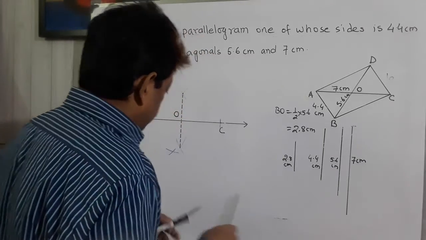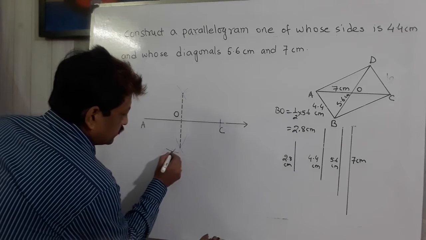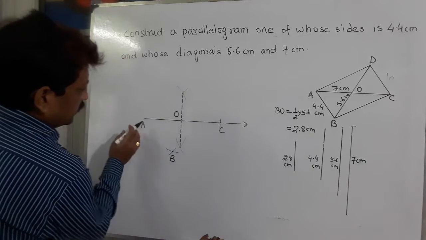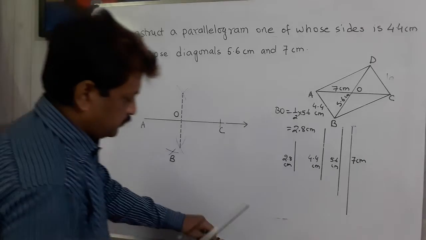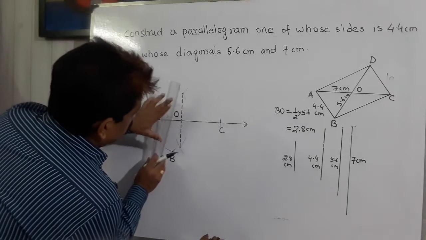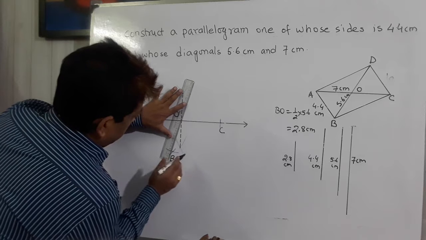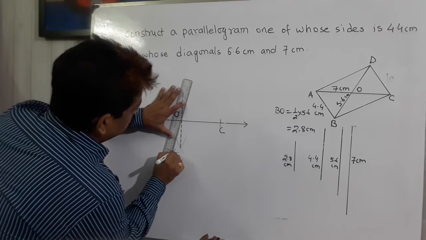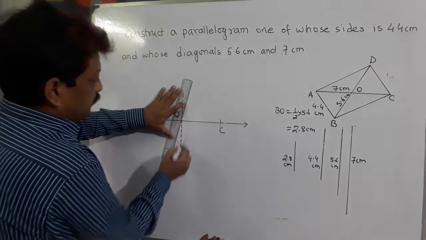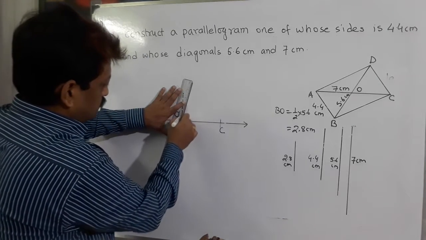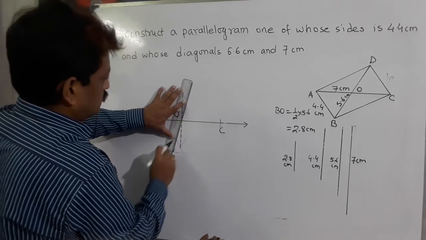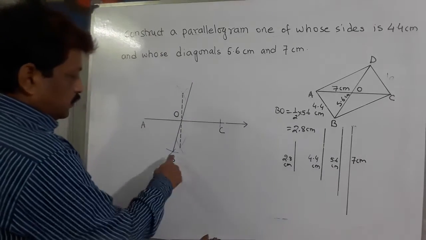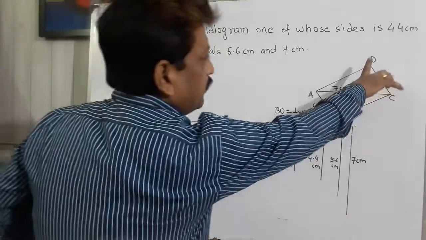So I have to join this. Actually, this point of intersection is B. OB is 2.8 and AB is 4.4. So now I have to draw a line from B through O, through the midpoint O. This is actually the diagonal BD.